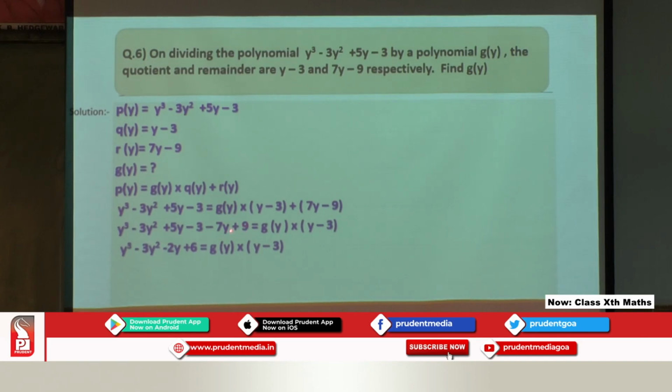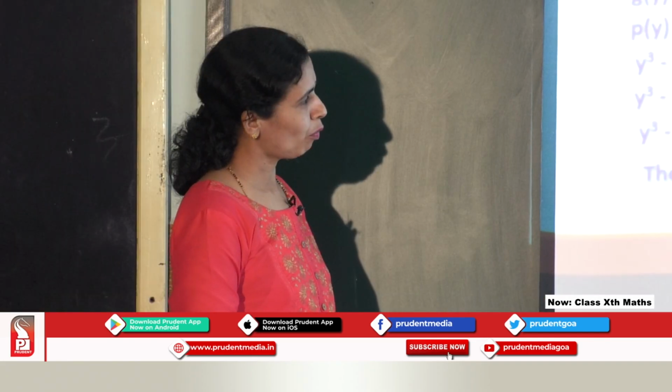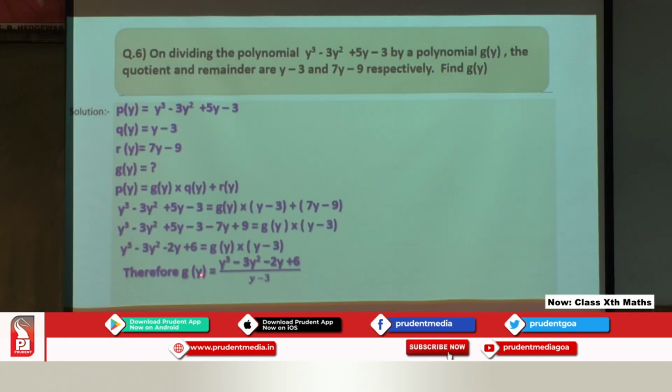Again, plus 9 and minus 3, these two constants we subtract: 9 minus 3 is 6, greater number is positive, so plus 6. That is equal to g of y into y minus 3. Now we should find g of y. Therefore, g of y is equal to y cube minus 3y square minus 2y plus 6.